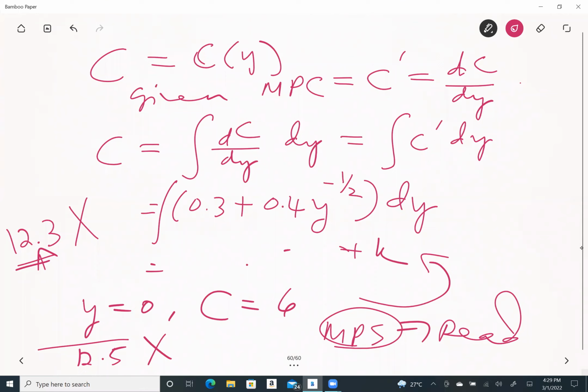Okay. Now you go to chapter number 13. Chapter 13 is on definite integral.